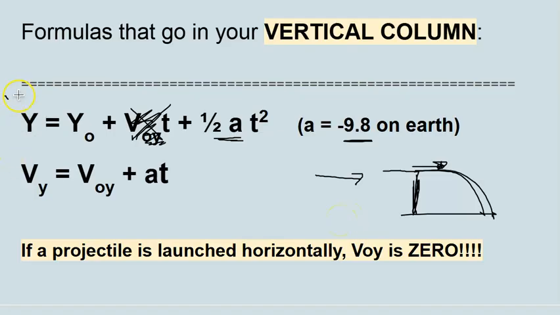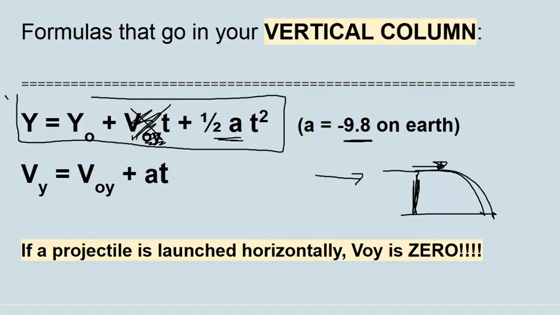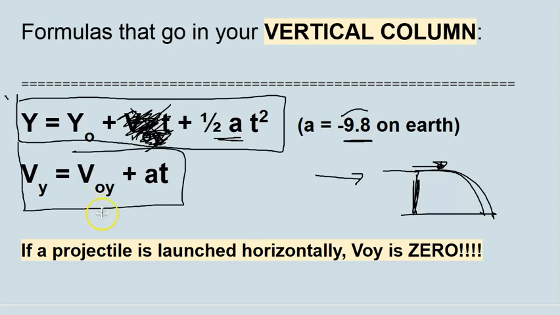In general, you're going to have the whole quadratic vertically. A is always going to be negative 9.8, but if it's launched horizontally, get out your erasers and cross out that term. You will still use this because V naught Y begins at 0, but it will increase as it heads towards the ground.